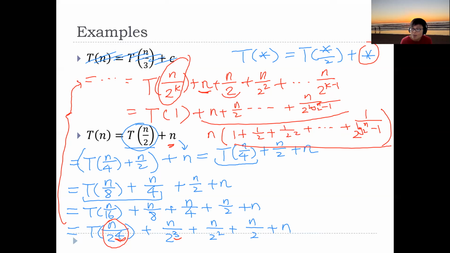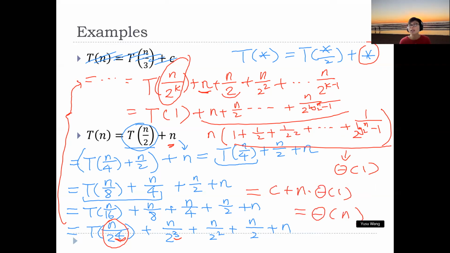I actually don't really care what's here. I know the geometric sum is bounded by a constant. So what we have is a constant plus n times a constant. So we have linear time for this.